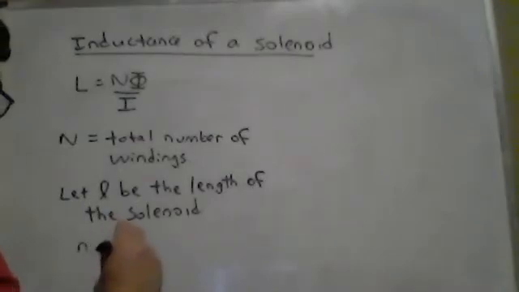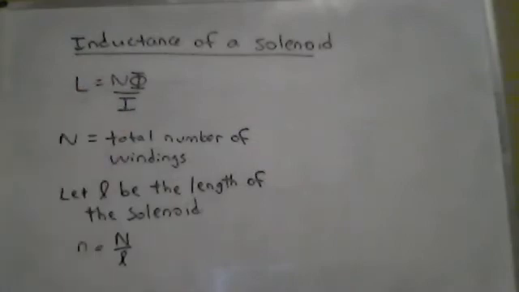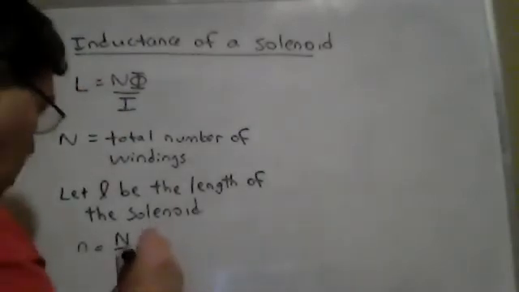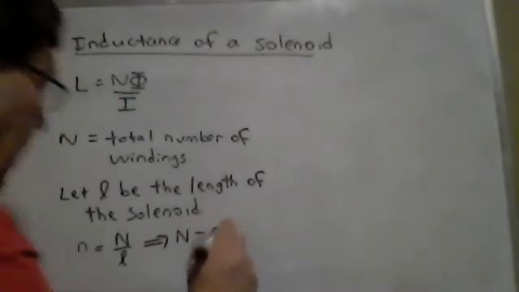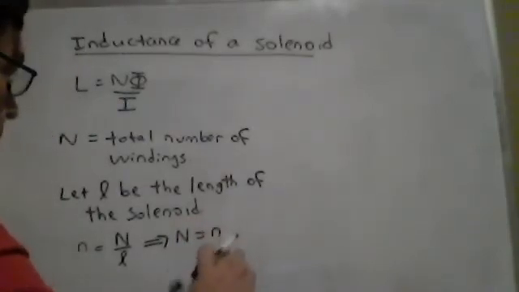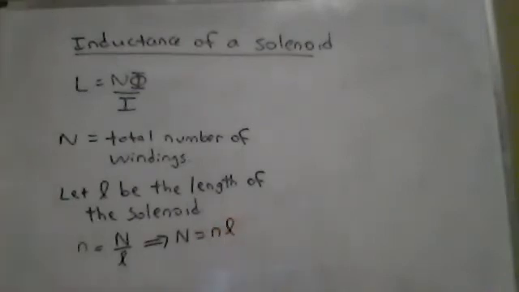It'd be cap N over l. So instead of writing big capital N, I can solve for it: cap N is going to be little n, little l. That is the official language of what an inductance is in general.